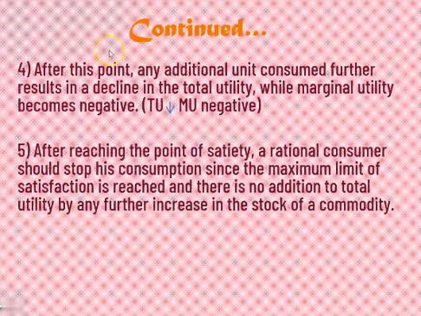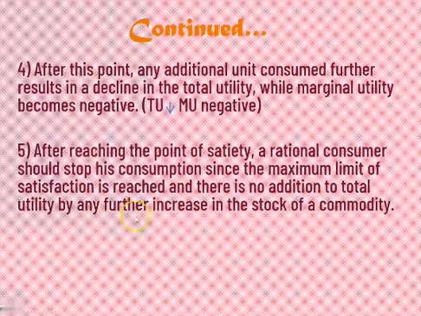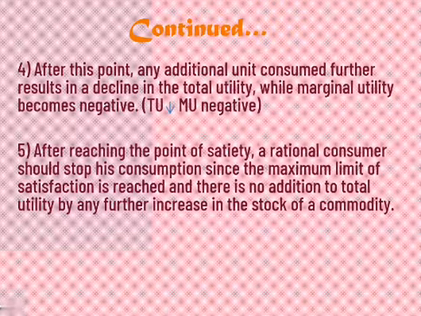And after reaching the point of satiety, a rational consumer, a normal person, should stop his consumption since the maximum limit of satisfaction is reached and there is no addition to total utility by any further increase in the stock of a commodity. So after reaching a certain point where we are getting maximum satisfaction, when we consume further units of the commodity, we are not going to get any satisfaction, right?